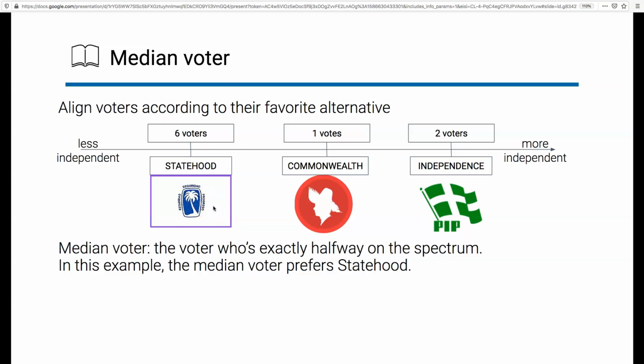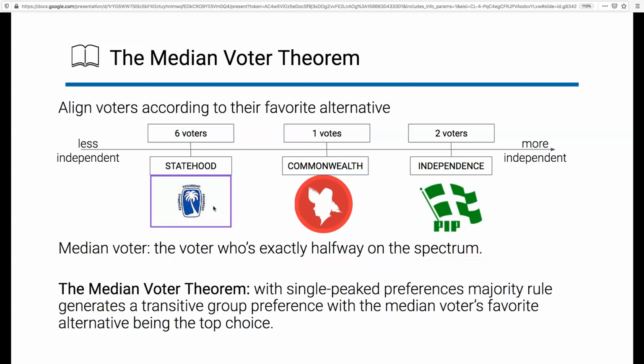And the next thing that I'm going to do is formulate the median voter theorem, which says two things. First, with single-peaked preferences, majority rule generates a transitive group preference. That was important because under general conditions, with any possible ordinal preferences, majority rule may fail to generate a transitive group preference.